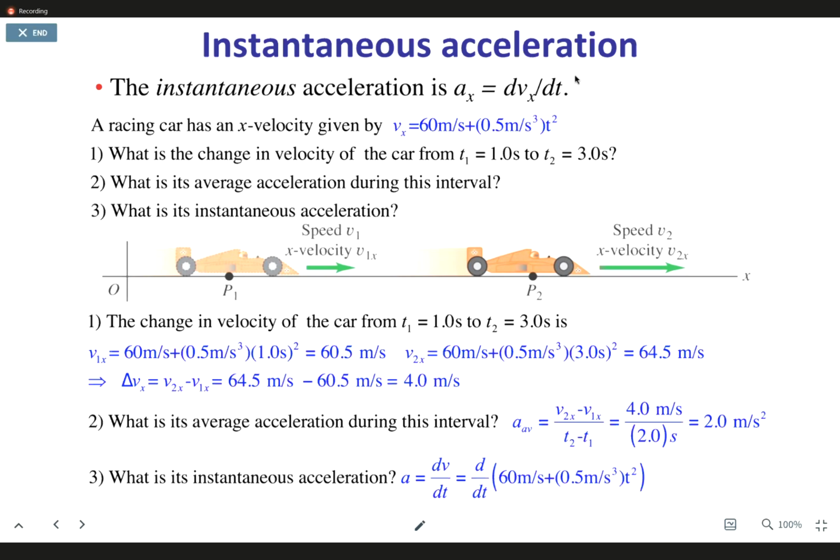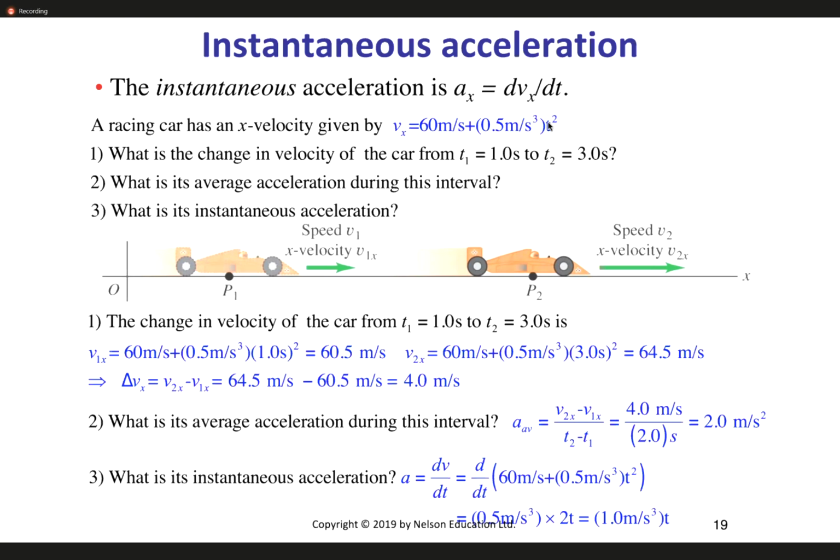On the face of it, it looks like we have meters per second here, but meters per second cubed there, and that seemingly contradicts everything I said at the very beginning of class about making sure units are the same. But we also have this t squared right here. This t squared has units of seconds squared, meaning that meters per second cubed times seconds squared still gives us our units of meters per second. All right, thank you so much.